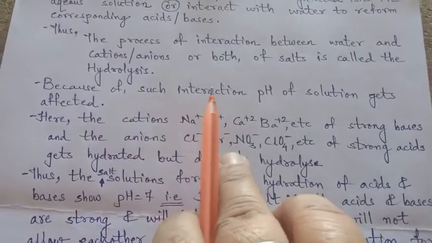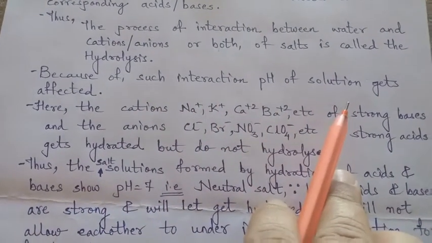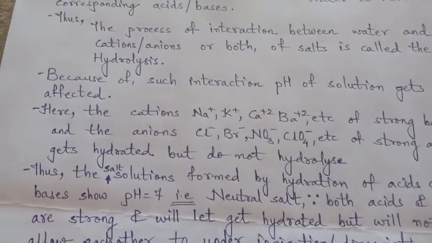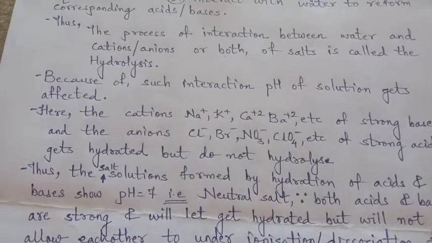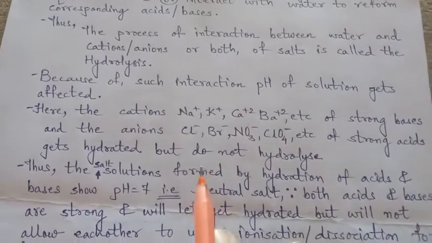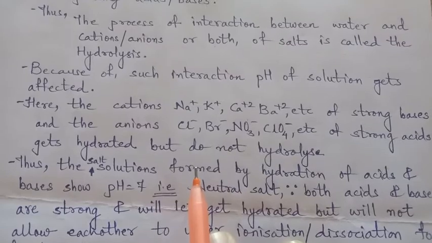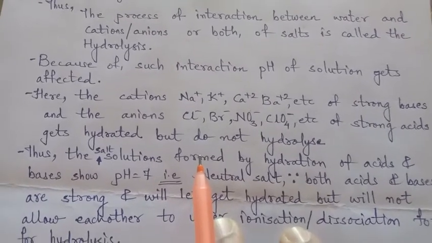As in the previous topic, the reaction with water to give the ionized form is a hydrolysis reaction. Here it is the same thing. Because of such interaction, the pH of the solution gets affected, and as the ionization takes place because of the hydrolysis reaction, the difference in the pH is also observed. That is, the value of the hydrogen potentiality is affected.